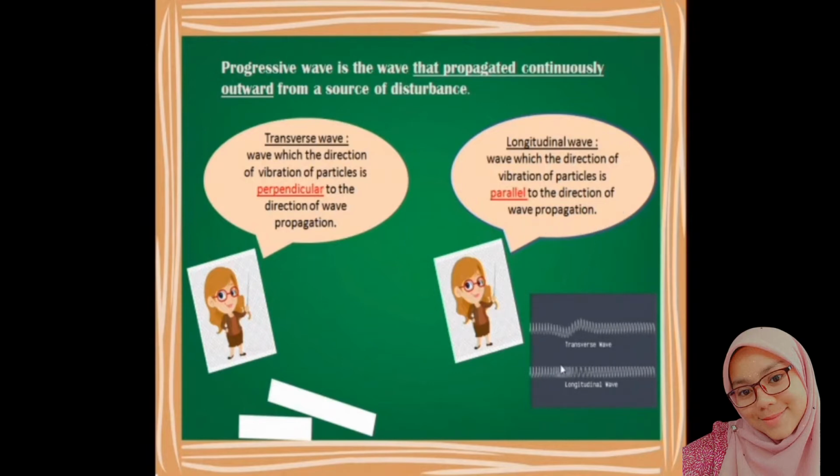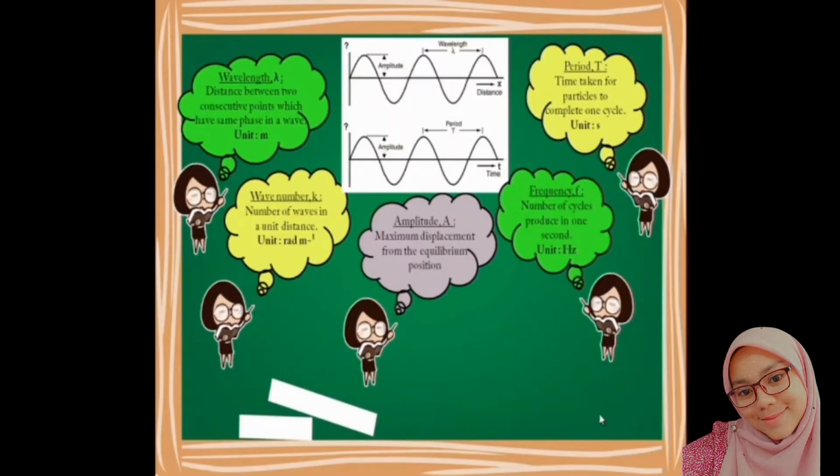So this is how the motion of the wave. Transverse wave perpendicular, and longitudinal wave is parallel. Right, so let's know the terms that we will use in this topic. The first is wavelength, or also known as lambda.